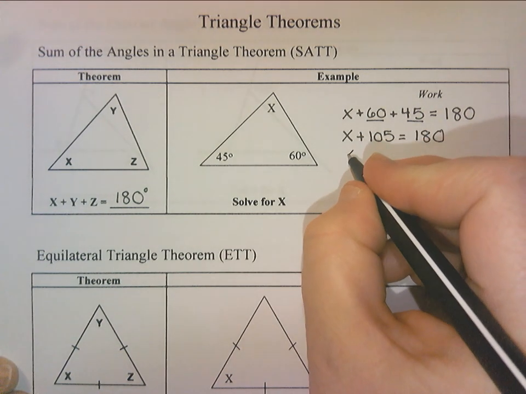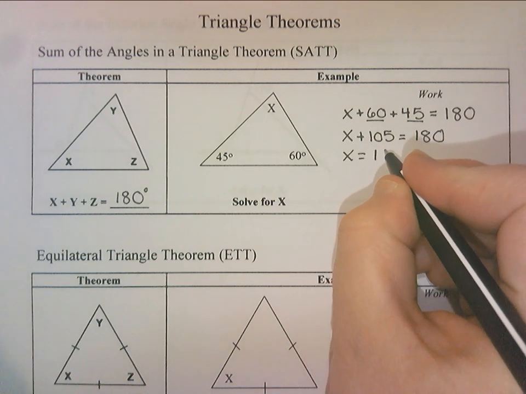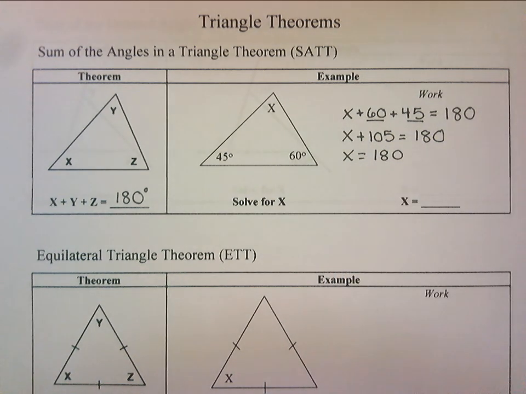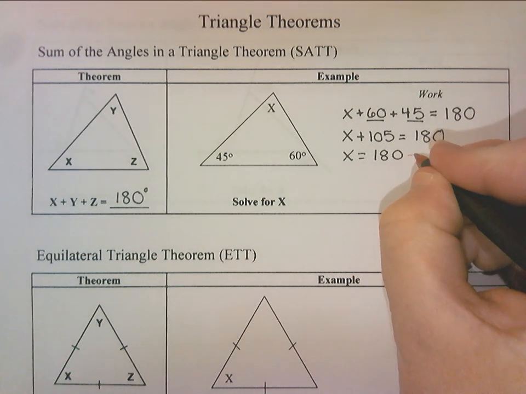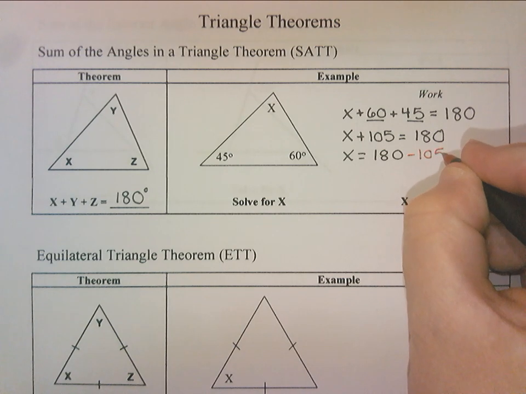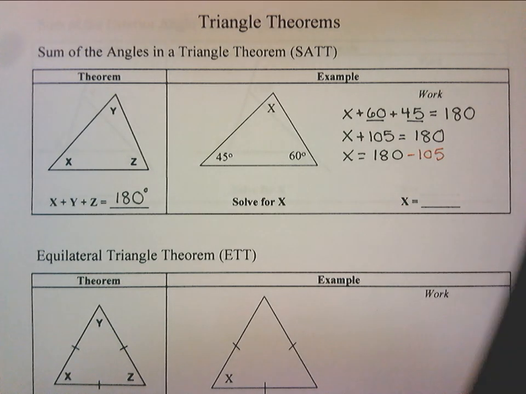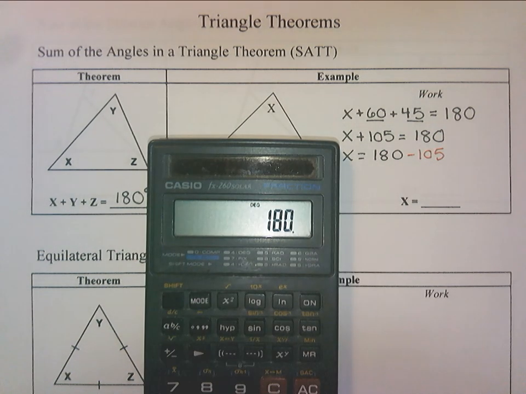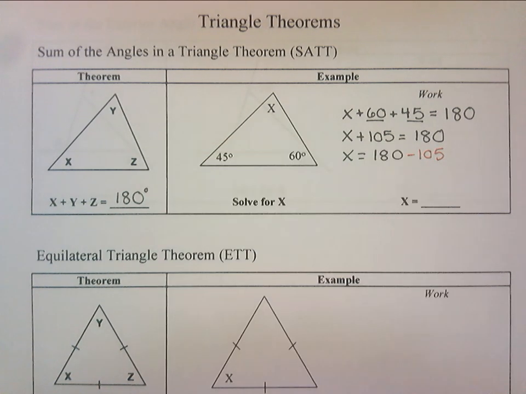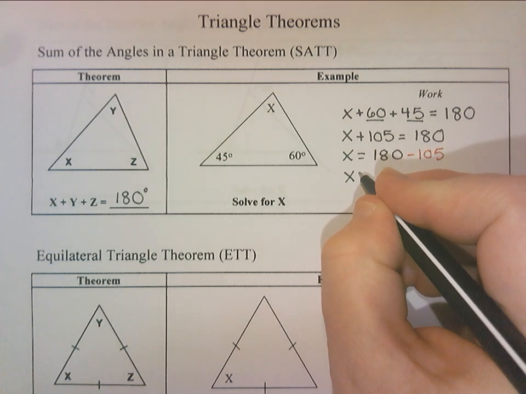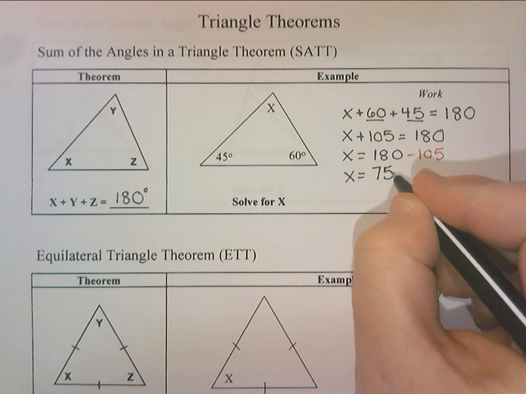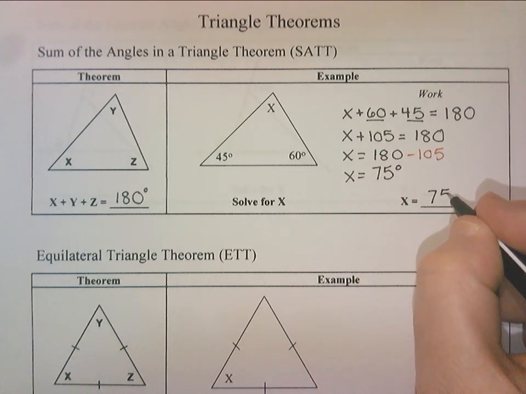So I'm going to get that x is 180 take away 105. So 180 take away 105 gives me 75 degrees. That means that x is 75 degrees.